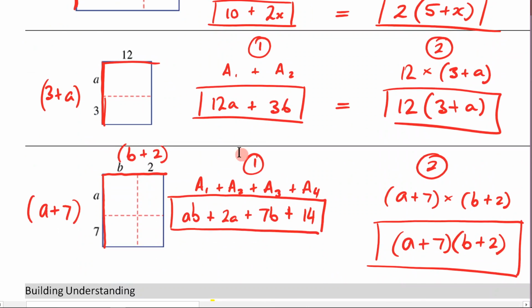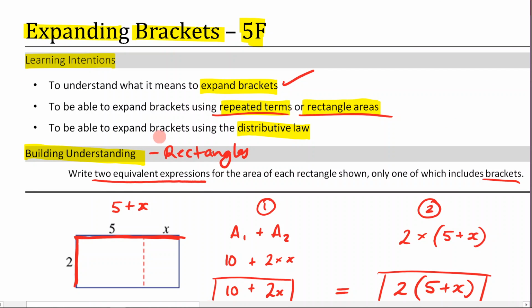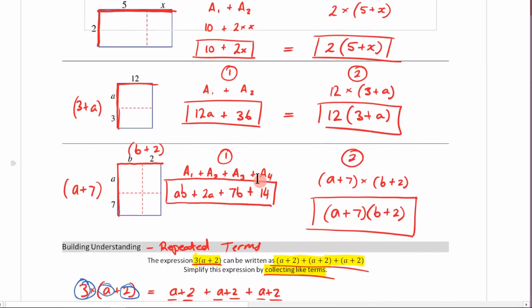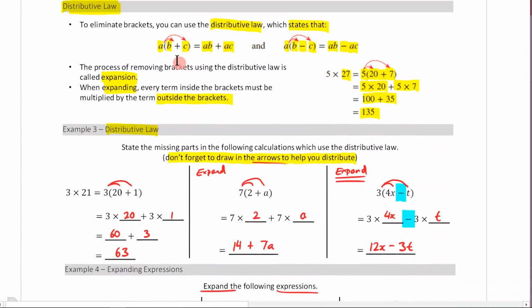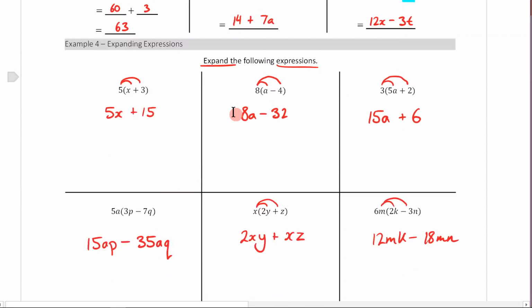And then this one right here was using repeated terms. And then to be able to expand brackets using the distributive law. And that's what we saw in our last page there, using the distributive law to do it. Hopefully all this made sense, and I'll see you in the next lesson.